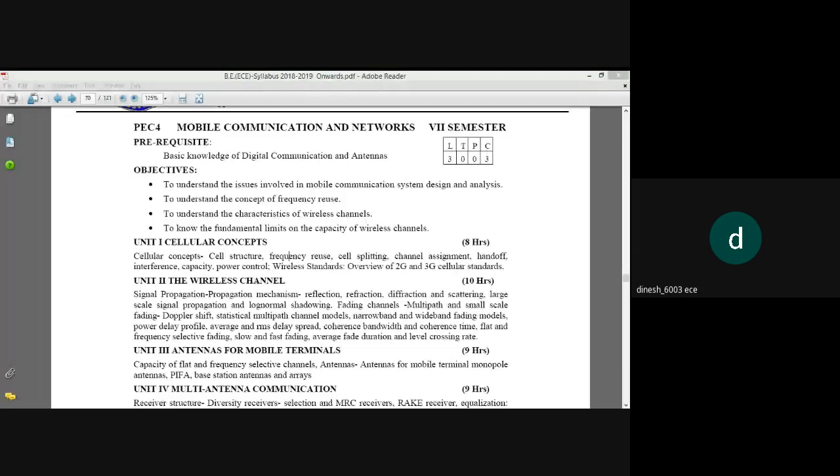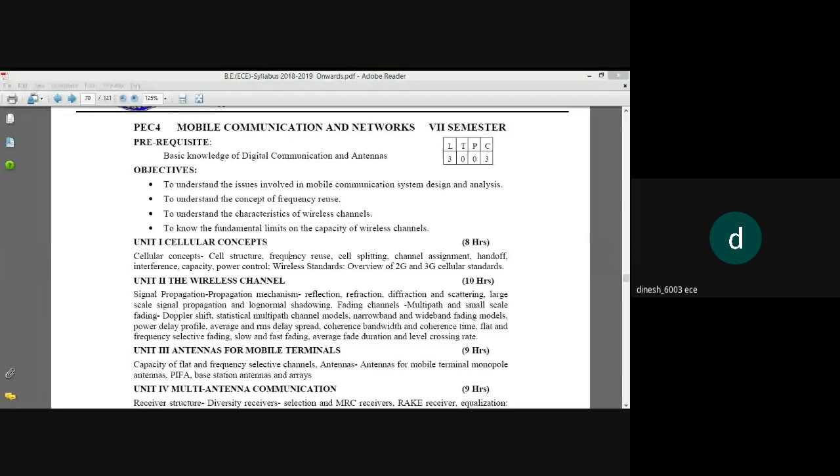Still research is in progress to achieve the bit rate or data rate that we had with wired cables. So that research is still in progress.